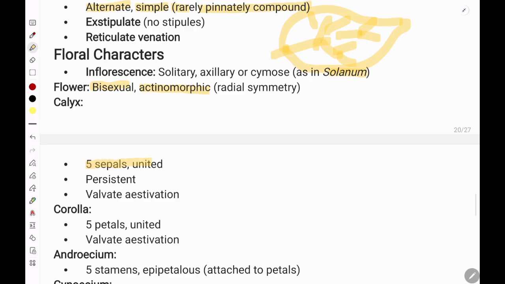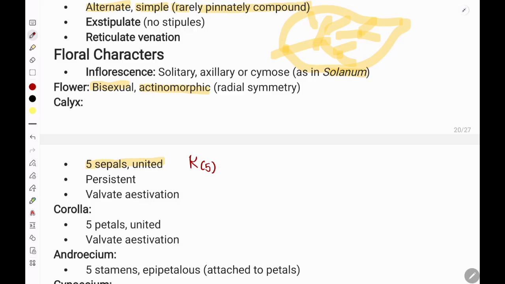They have five sepals which are united. We can write it like this: persistent and valvate aestivation.